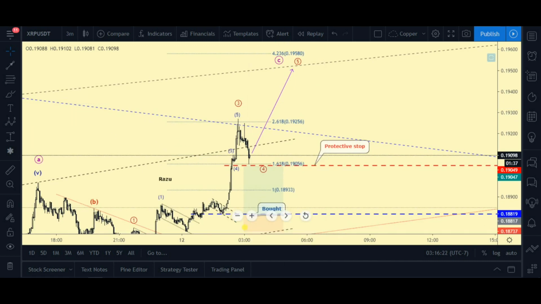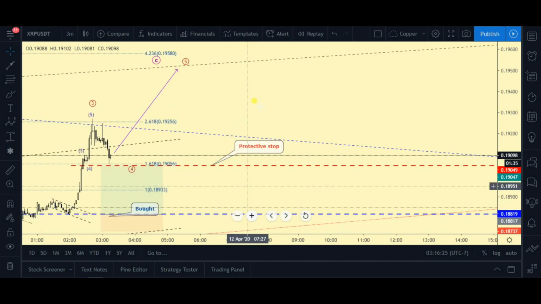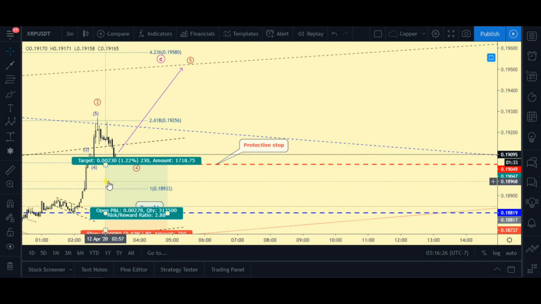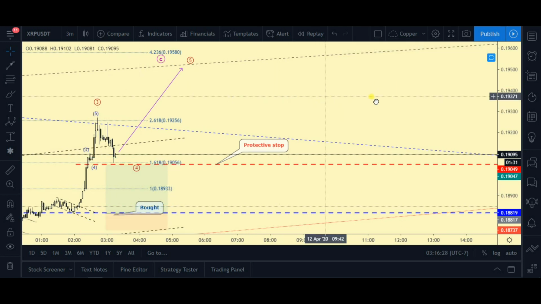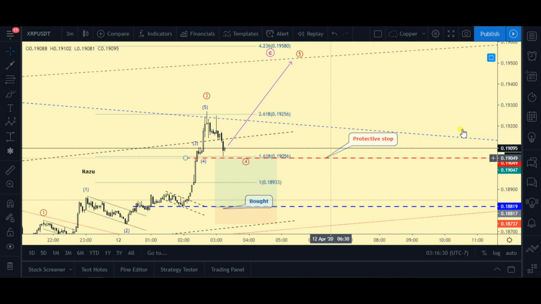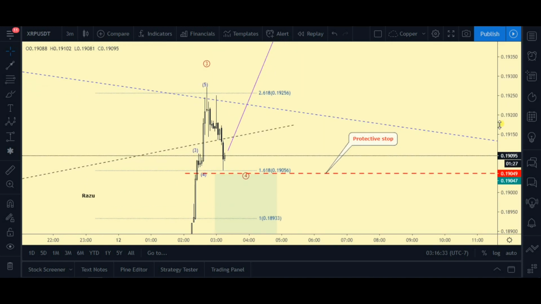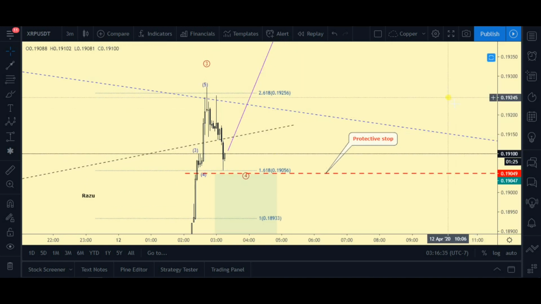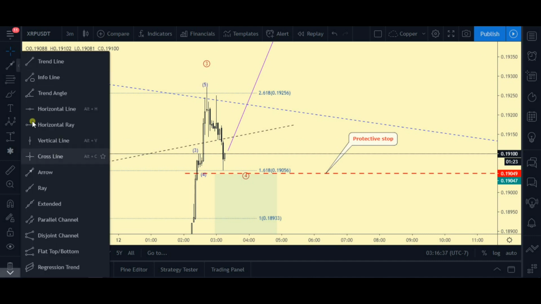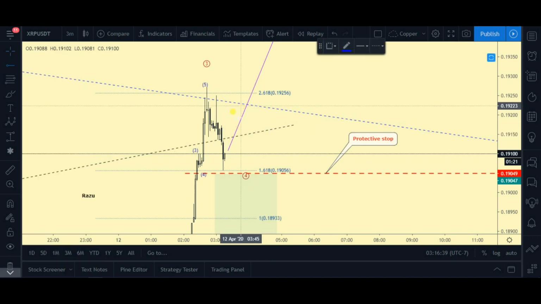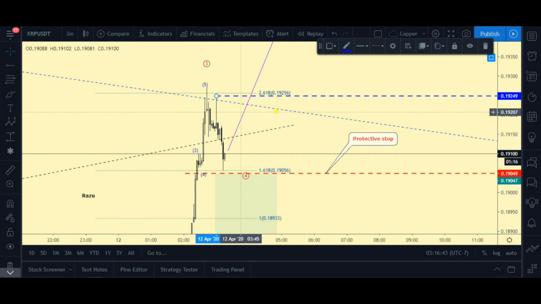But for that I need a little bit of confirmation, and I'm waiting for the price to move up. That confirmation will come if the price is able to break this high right here.